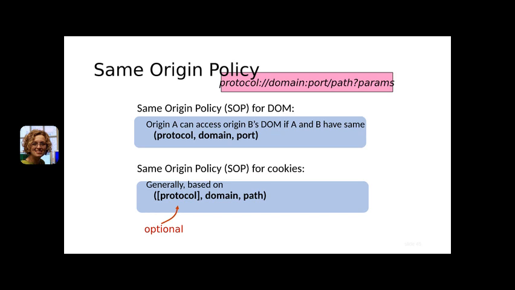So this goes to the safe browsing concept. And cookies are characterized exactly by this protocol, domain, port. And so they keep things separated this way, and one site cannot access another one. But bad things can happen, and even the same origin policy cannot protect safe browsing unless it's implemented properly.